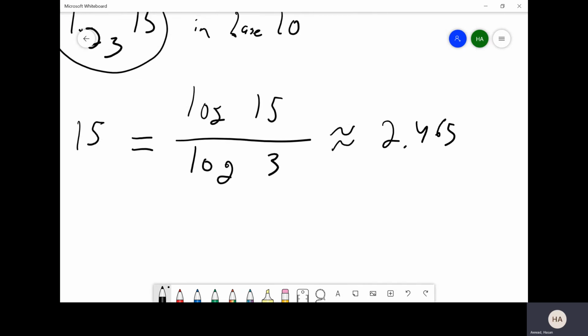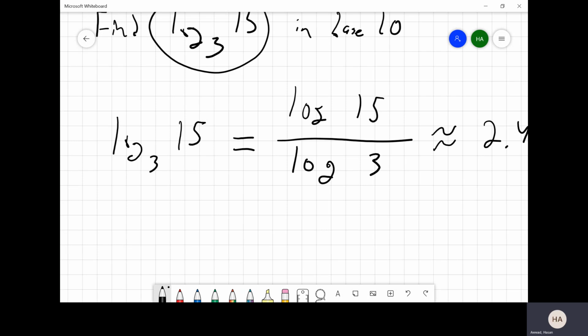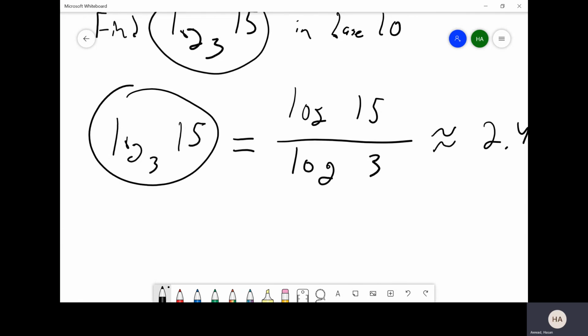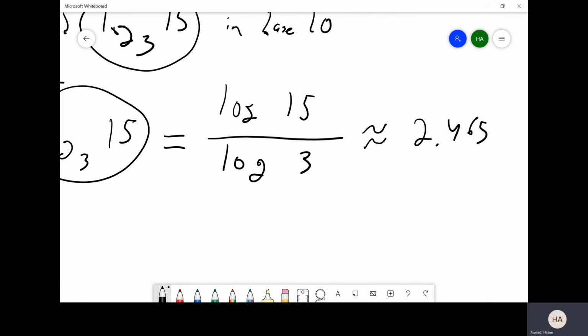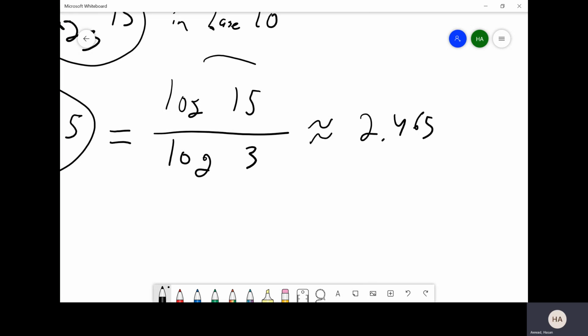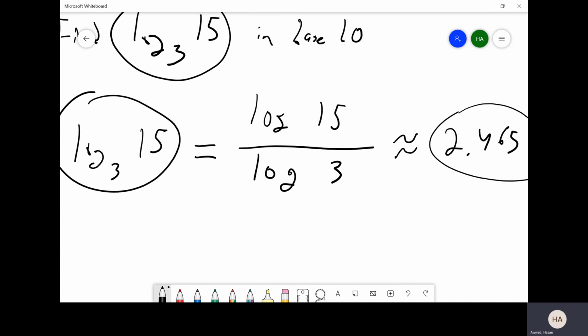The idea here is that you wouldn't be able to evaluate this in the form that it's in, but if you can change the base to be something more accessible, like 10 or e, then this becomes far easier to evaluate. And of course, when you plug it into your calculator, you do get the answer, about 2.465. If you round it at any point, that's totally fine. What I'm mainly getting at is how to apply change of base.